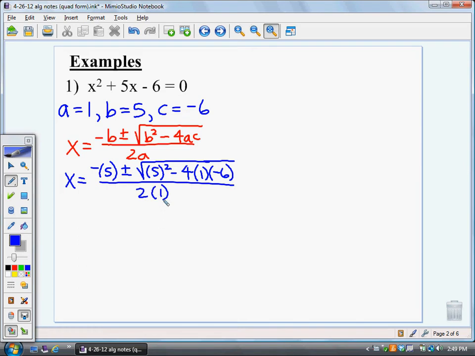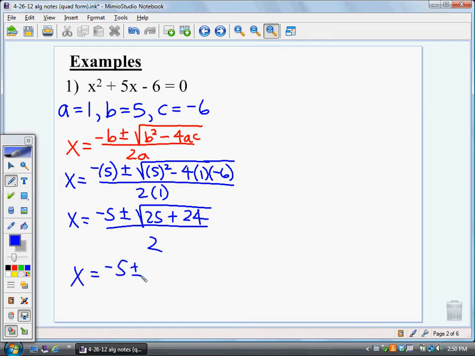And now it's just a matter of going through and doing the arithmetic. x would then be -5 plus or minus. Under the square root sign, we're going to have 25. And when you multiply these numbers together, this is going to end up being plus 24. And then this is all going to be over 2. And keep doing the math.